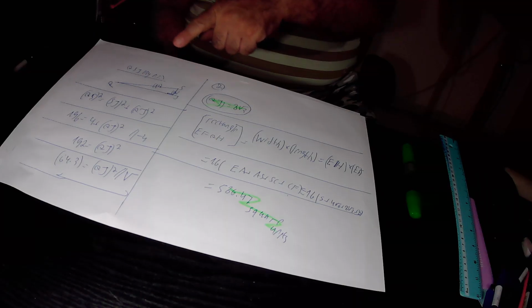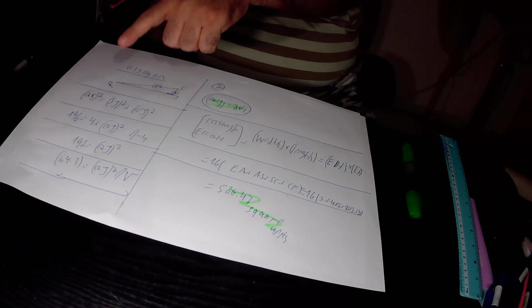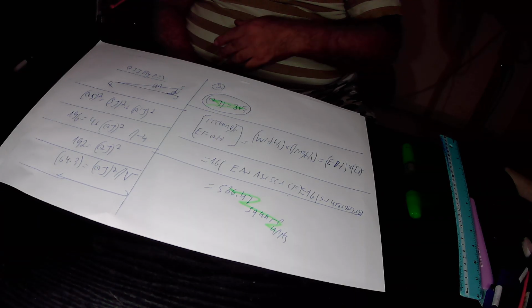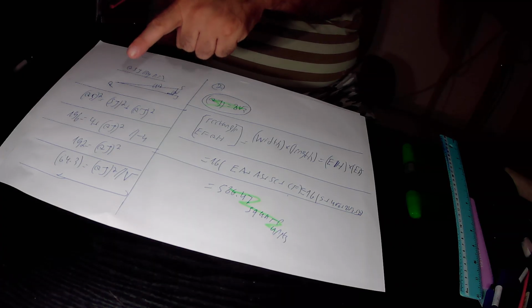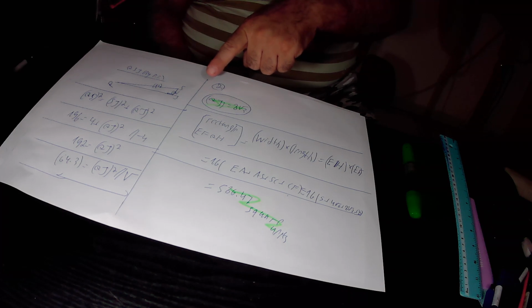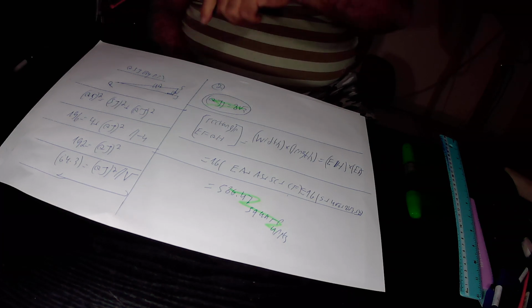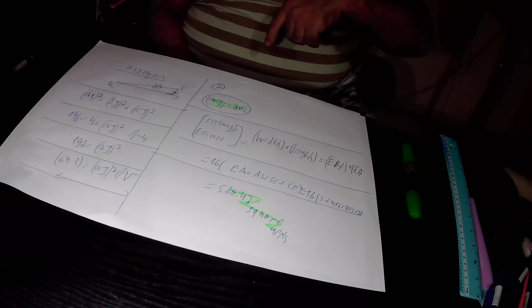QS is 14, therefore QS squared is 14 squared, it is 196, and it equals JS squared. JS is 2, therefore JS squared is 2 squared, it is 4, plus QJ squared. QJ is the missing side.